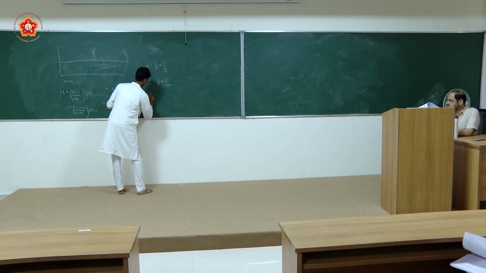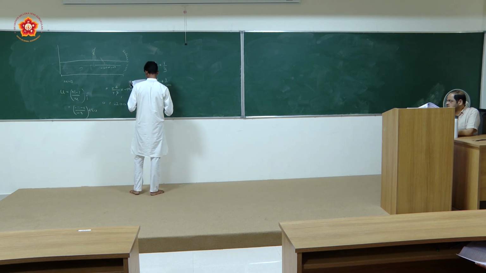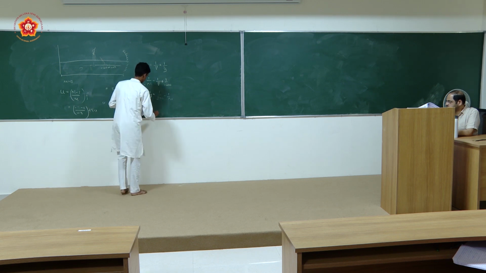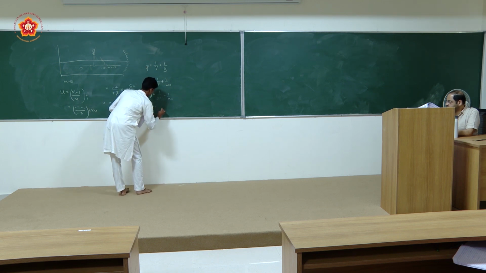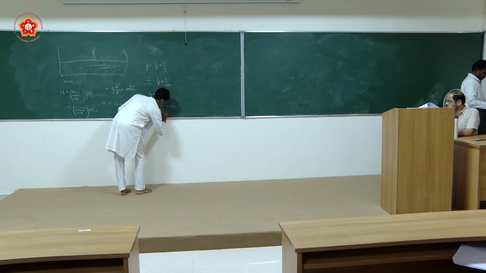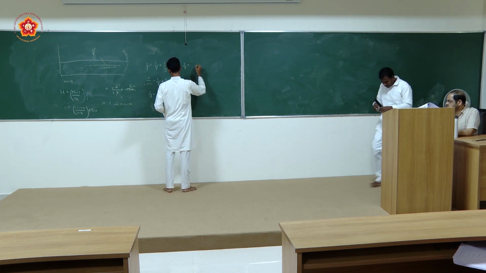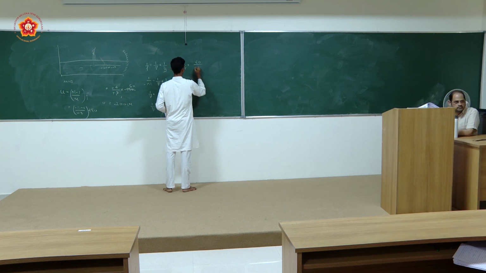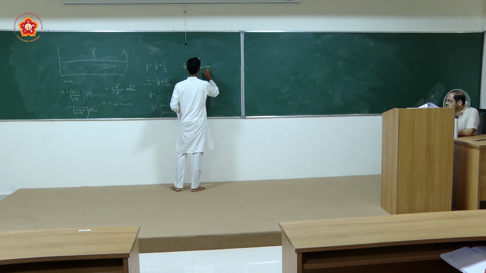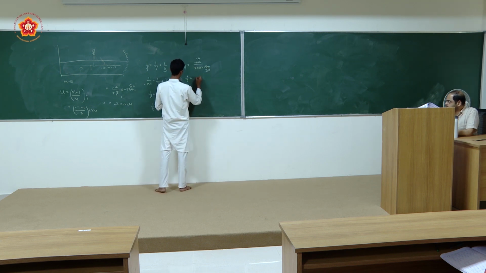So it will be minus v is equal to... then... 1 by v is 1 by 200.